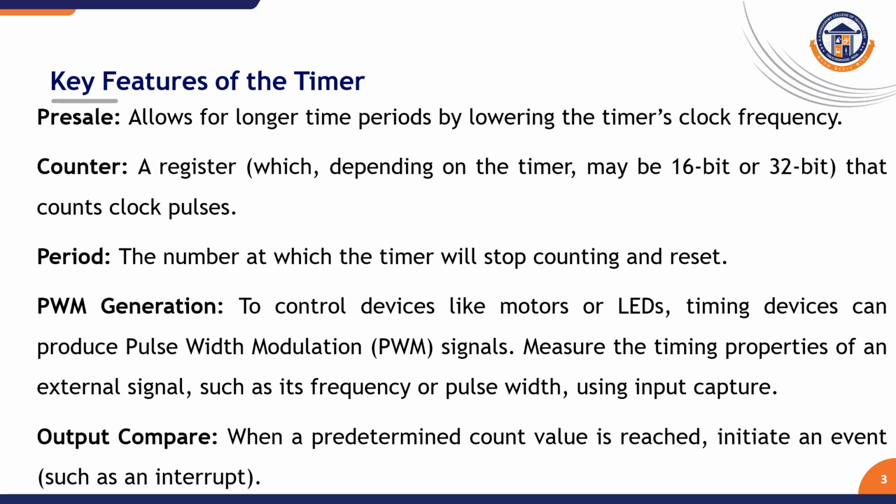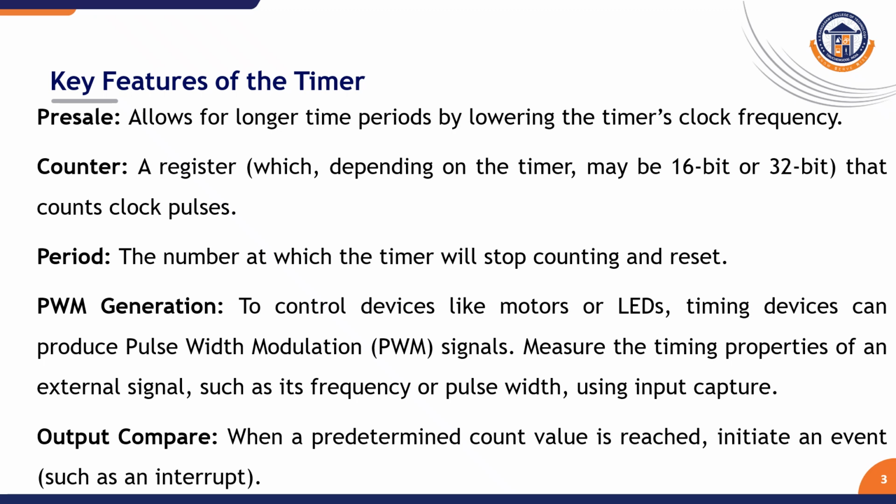For that, we have a prescaler. This prescaler allows a longer time period by giving a smaller timer clock frequency. That is the first foremost feature of the timer. With the help of the prescaler, we can create a longer duration time delay.